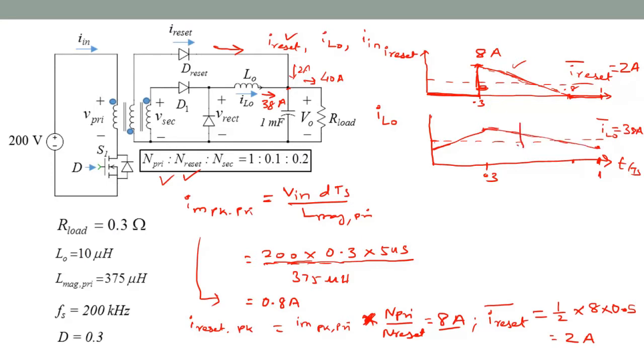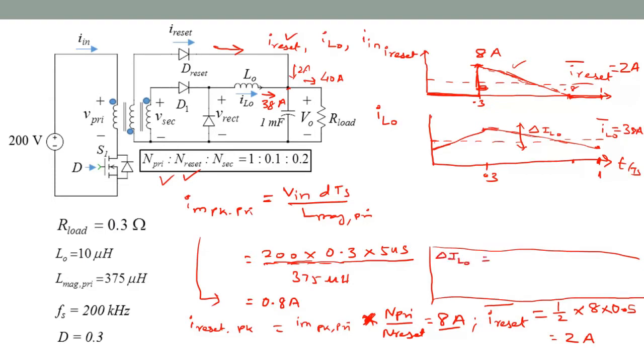So delta IL. Maybe I can squeeze that in here. Okay, delta IL.